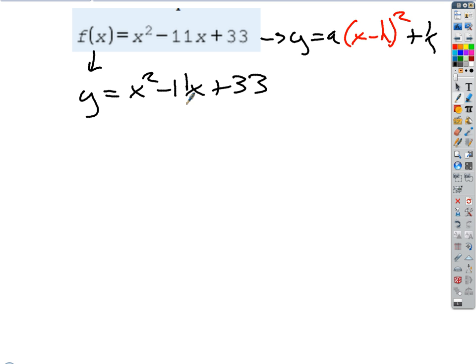So we just got to quickly review, how is it that we complete the square? Okay, we got to get rid of the 33. We need to get rid of that term, right? To complete the square, we need to start with x squared plus bx and work from there. So we subtract 33.